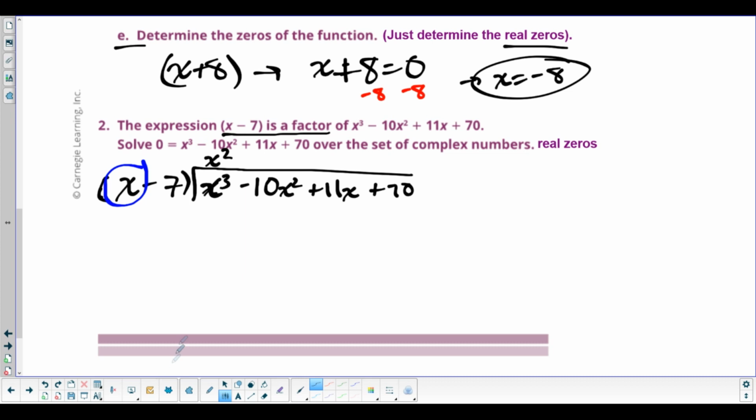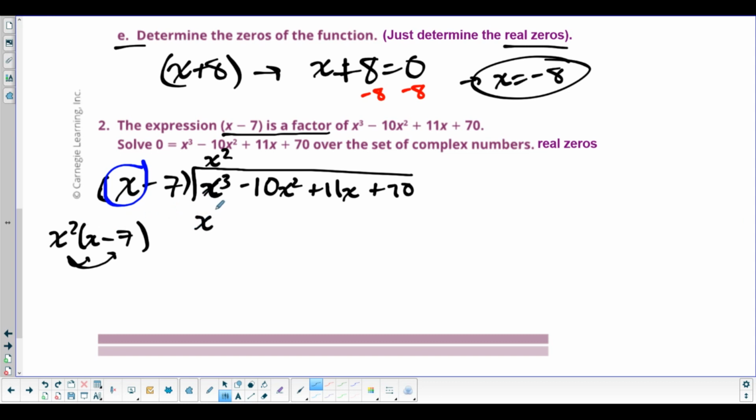Now, the next step, what I'm going to put right here is the first term of my quotient times my divisor. So I'm going to take x squared and multiply it times my divisor. I get x squared times x and x squared times -7, and you end up with this.